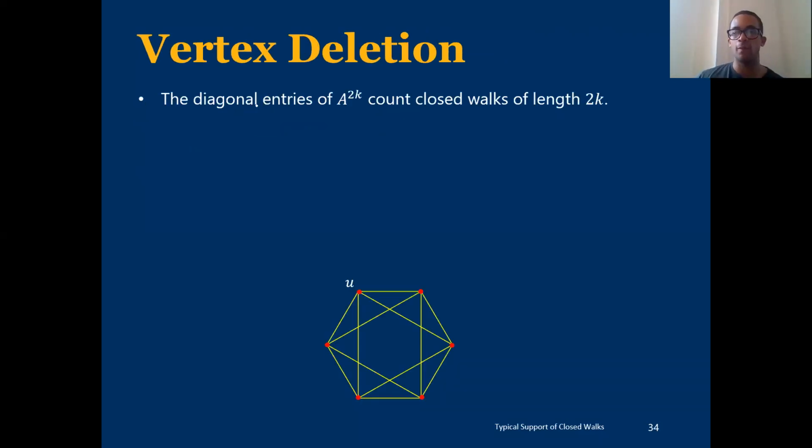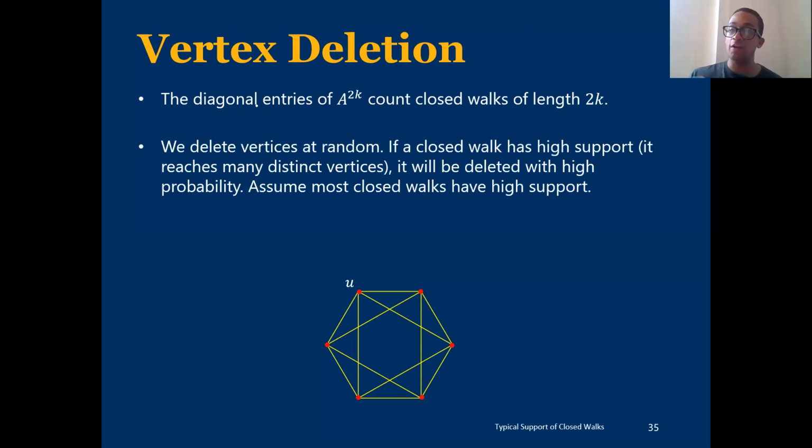Okay, so let's put this together. As we said, the diagonal entries of A to the 2k count closed walks of length 2k. So to be clear here, now we're switching from talking about length k to length 2k. So we just condition on the length of our walk being even. That makes our calculations much easier. So we take our original graph and then we delete vertices at random.